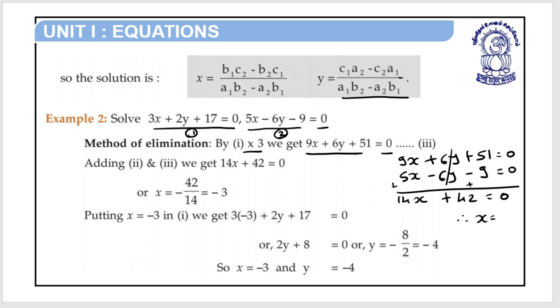So x is equal to minus 42 by 14, minus 3.